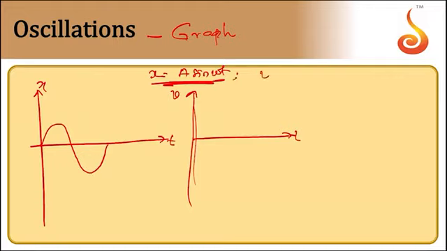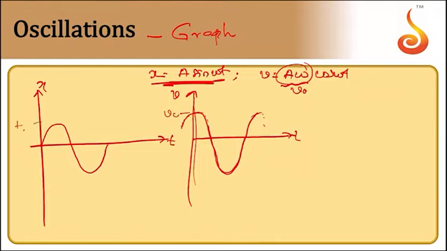This gives me v is equal to aω cos ωt, which is nothing but v₀. So the graphical representation is of this form. This is your v₀. By the way, this is plus a, this is minus a, this is minus v₀, right?